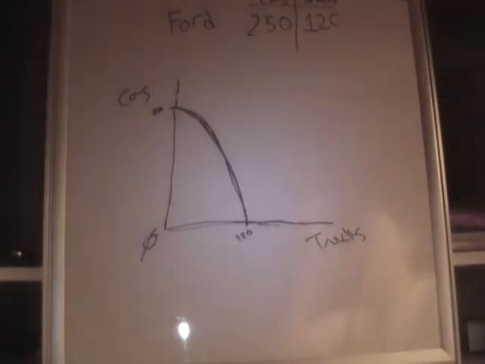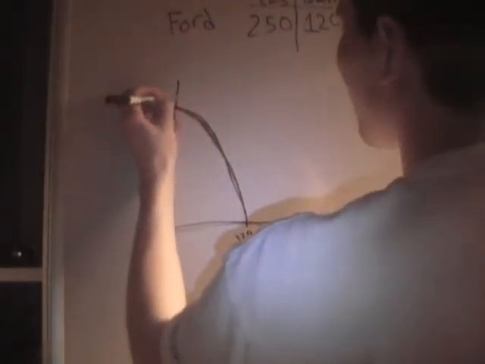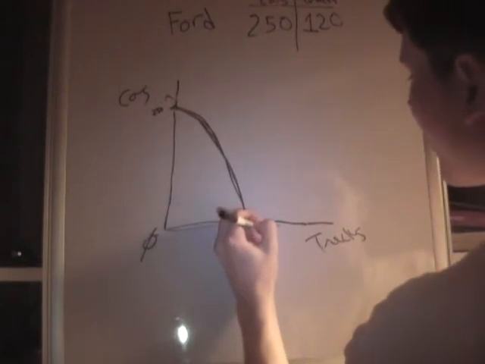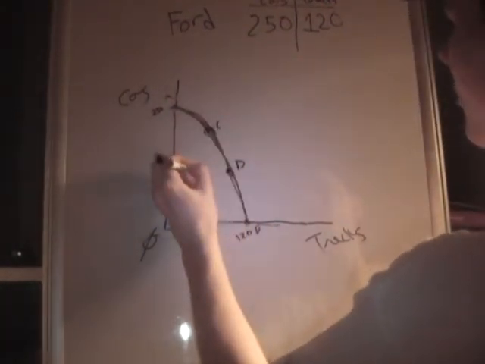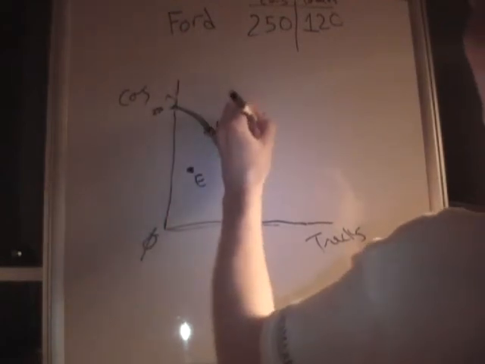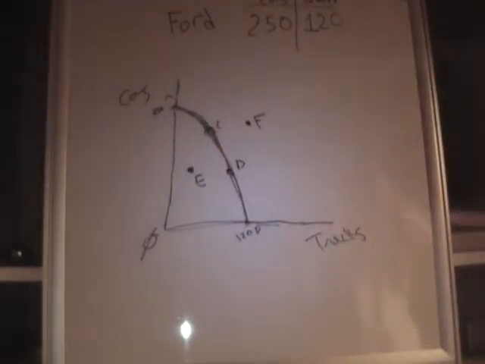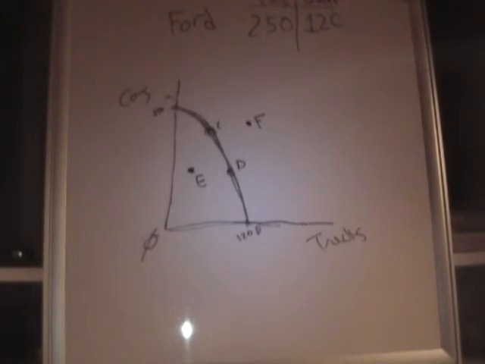So your points would be there, there, there, there, there, there. That is how you draw a production possibilities curve. Now please bear in mind that the production possibilities curve can only be used to compare two products of the same producer.